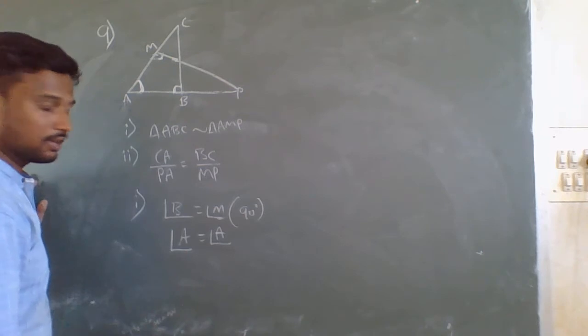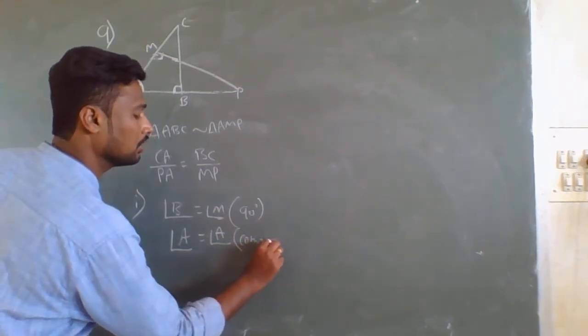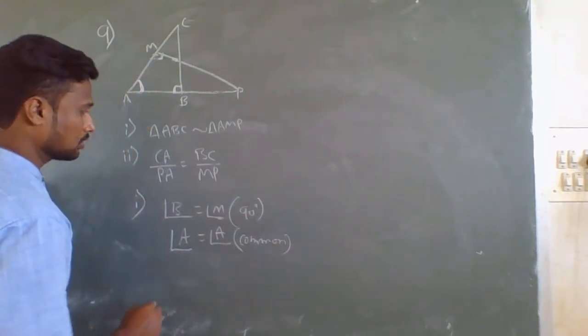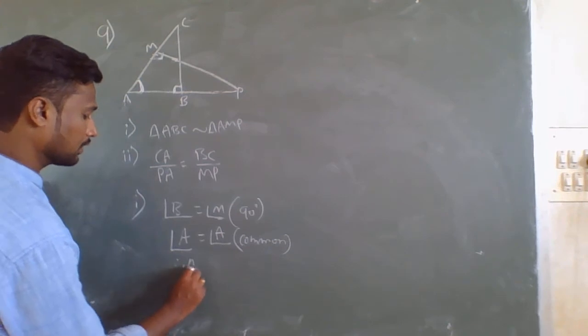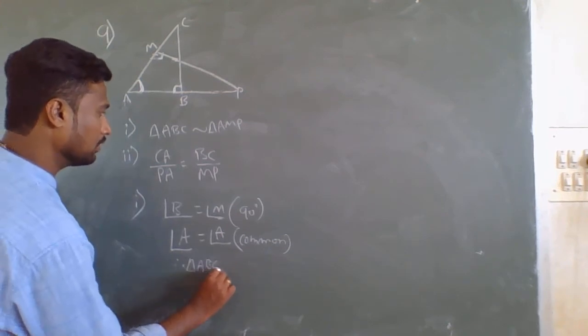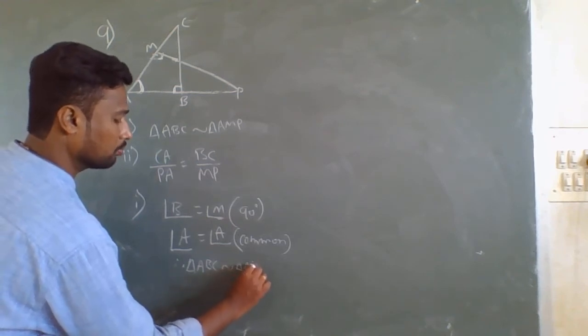Therefore angle A equals angle A, because it is common. Therefore triangle ABC is similar to triangle AMP.